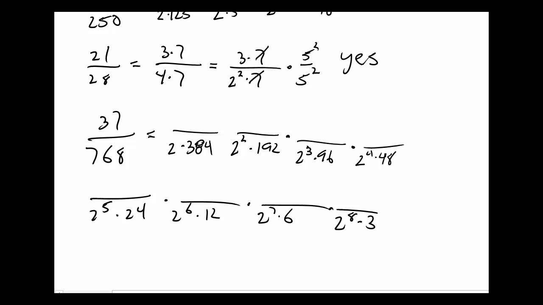The problem is that 3, because I could very easily multiply by 5 to the 8th over 5 to the 8th, which would give me some power of 10, but I have to justify that 3 dividing out. And if you look back at 37, 37 is a prime number. There's no factor of 3 in there. It's not divisible by 3. So because I can't get that 3 out of the denominator, there's no way to express this in terms of powers of 10. So this is a non-terminating decimal. It's our counterexample.